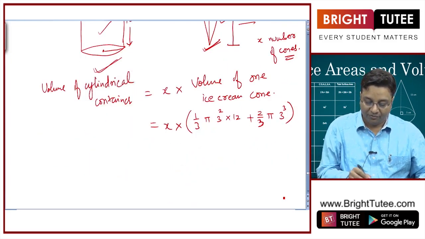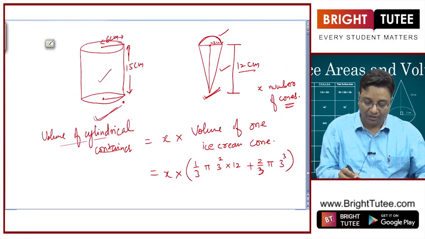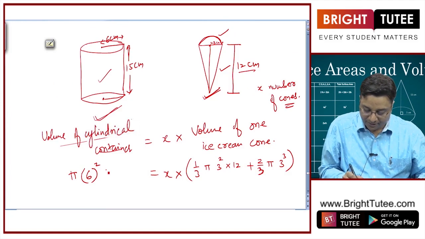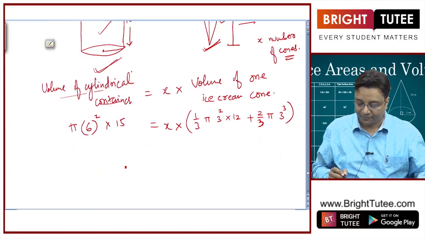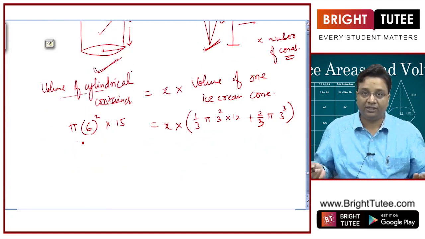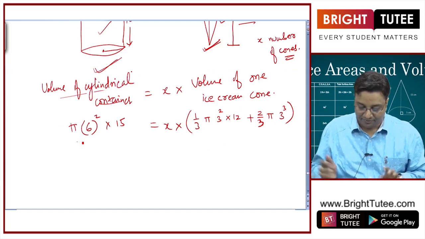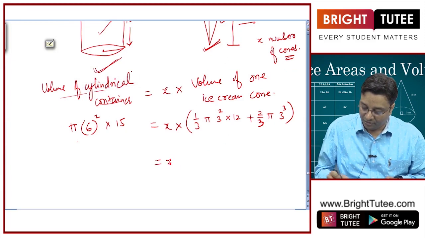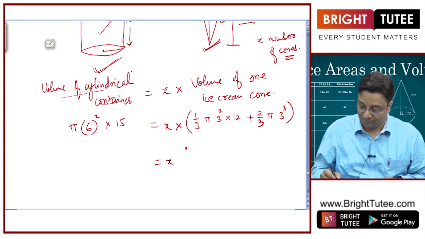So this is my right hand side. Volume of cylindrical container will be put on left hand side, which is pi radius squared into height, right? Once you know this equation, you just need to find x here. So the calculation part is left, and to simplify the calculation, I'll take certain things as common.